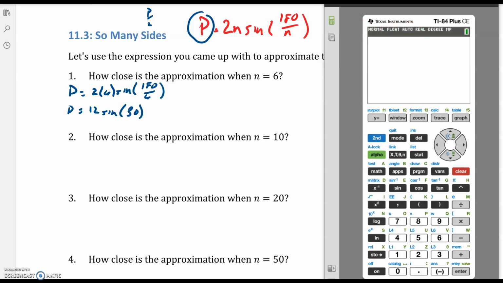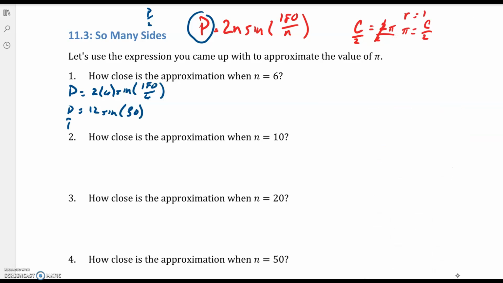Now I can plug that directly into my calculator. 12 times the sine of a 30-degree angle, and I get a value of 6. But remember, I want to take this perimeter and divide it by 2, and I get 3. And how close is that to pi?